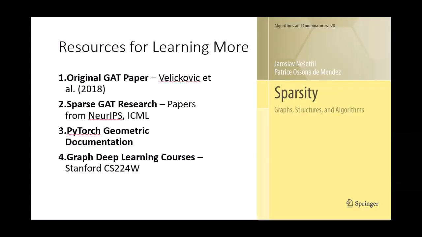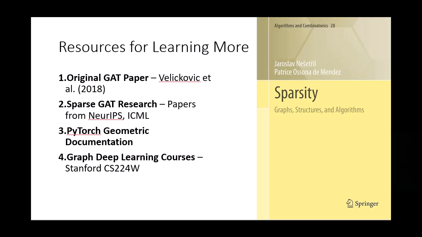There are also a number of resources that we can check out. For example, there is a book, Sparsity, which talks about graph structures and algorithms. There was a lot of information on this, and there are a number of books, but I only chose a few. And Velickovic.